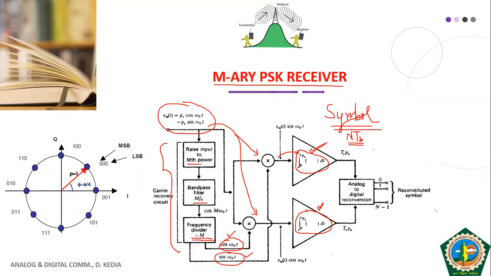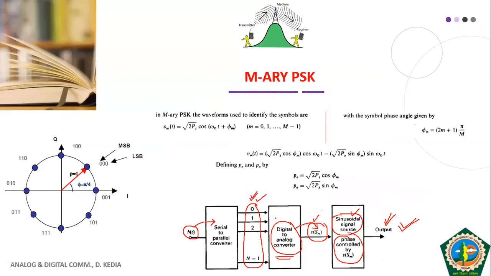Once we have integrated over one symbol, the output that we get corresponds to the voltage value, this V_SM that we had generated.